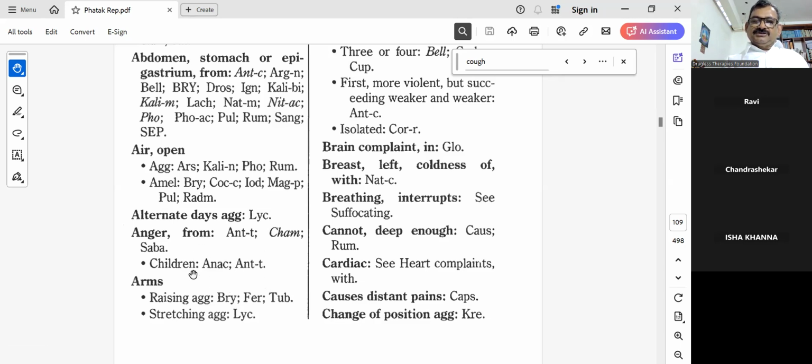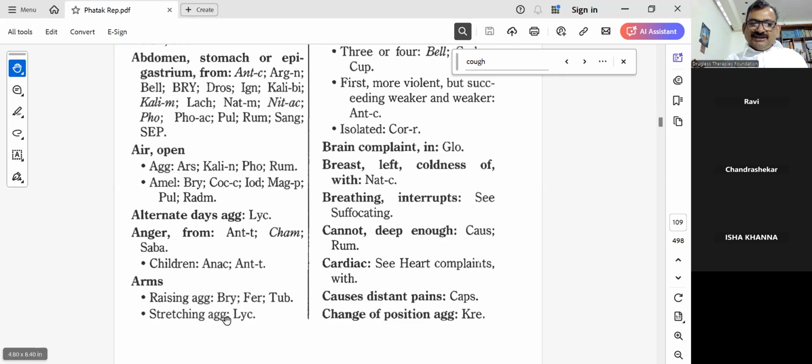These two. Like you see again, arms raising aggravation, or movement aggravation also called. But here the homeopathic repertory is very specific. So here they are telling, if I raise my hand, that time I get a cough.